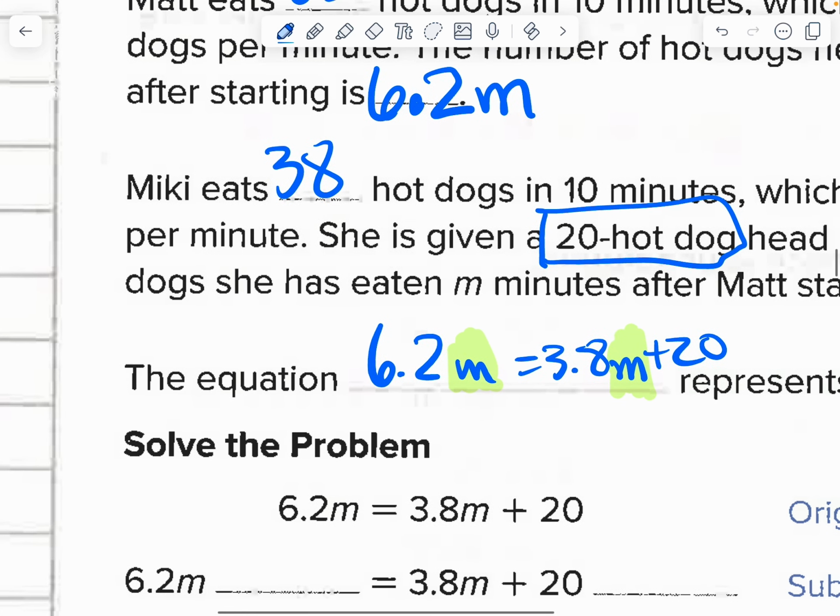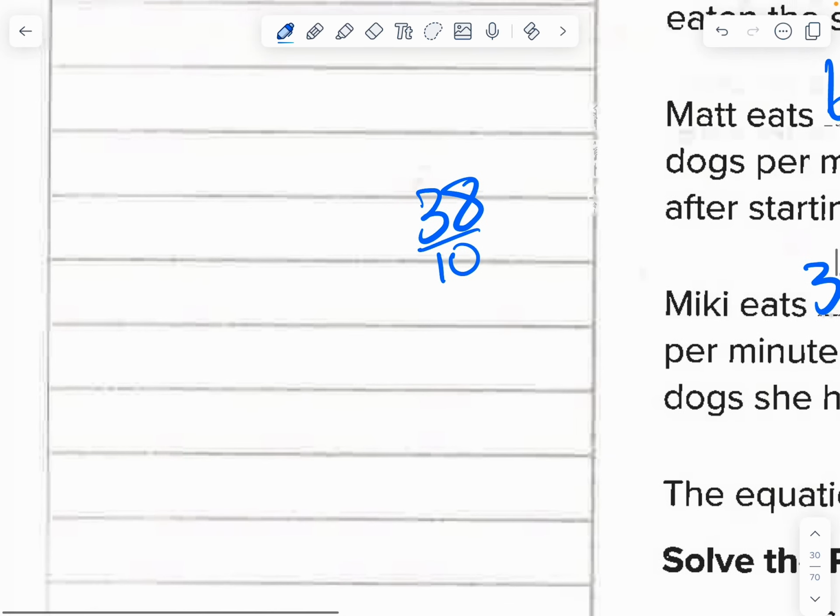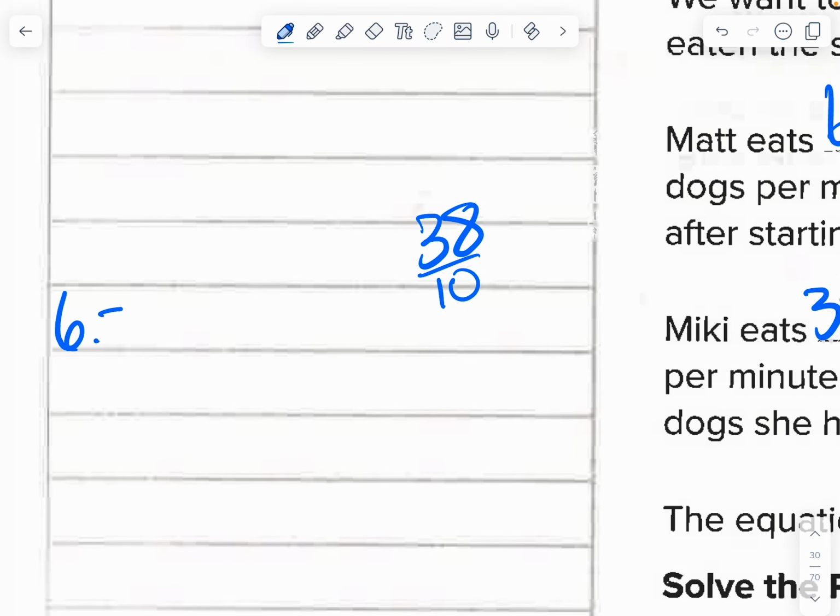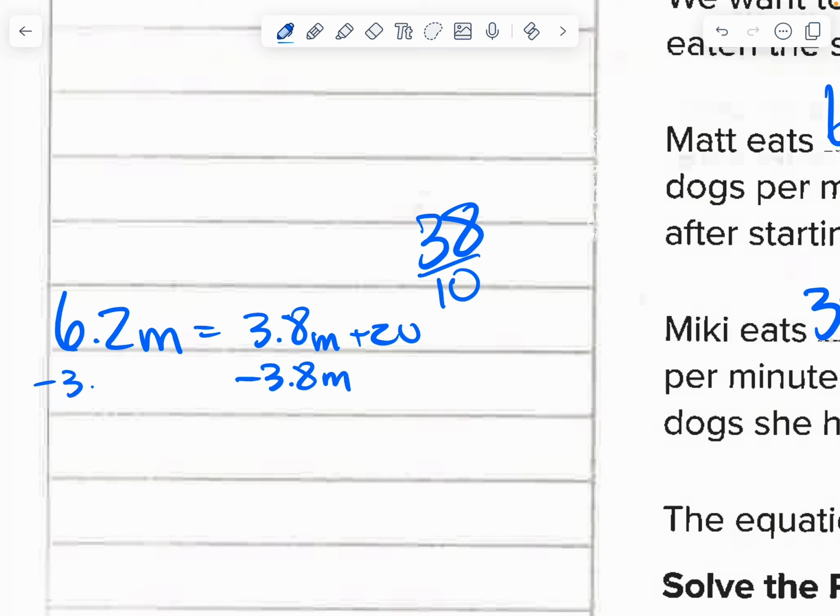I'm going to do it over here. 6.2 M equals 3.8 M plus 20. So I'm going to subtract 3.8 M. When I subtract that, that's going to be 2.4 M equals 20.